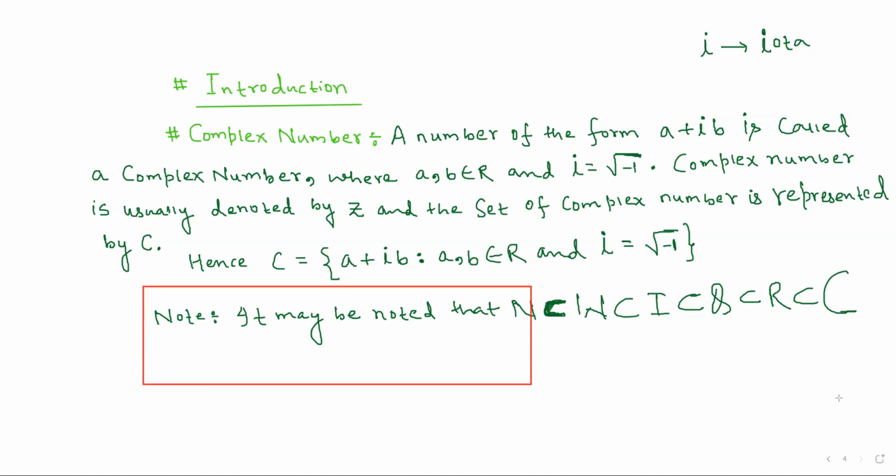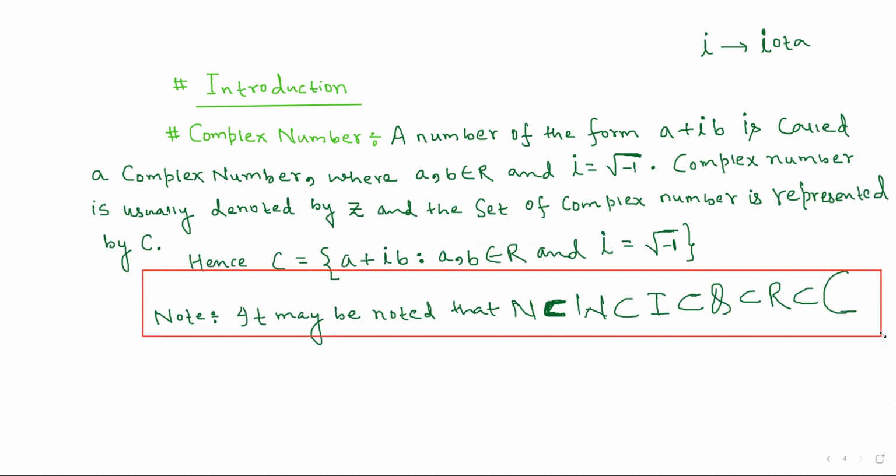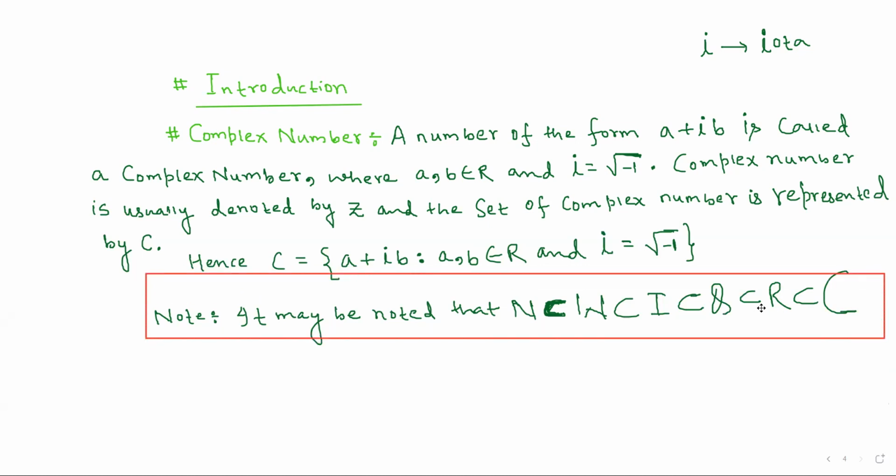So okay now, it may be noted that this is for complex number. This is the natural number. This is the whole number. This is the integer. This is the rational number.